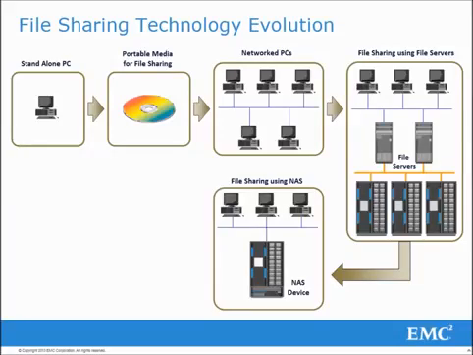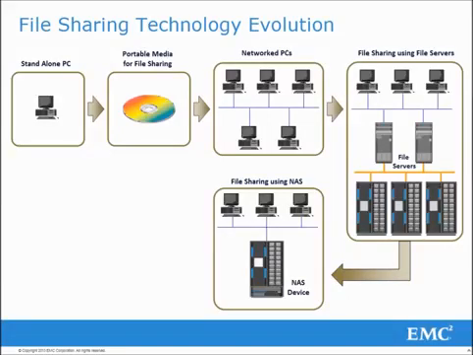Network-based file sharing provides the flexibility to share files over long distances among a large number of users. File servers use client-server technology to enable file sharing over a network. To address the tremendous growth of file data in enterprise environments, organizations may deploy a large number of file servers. These servers are either connected to direct attached storage, or DAS, or storage area network, or SAN, attached storage.